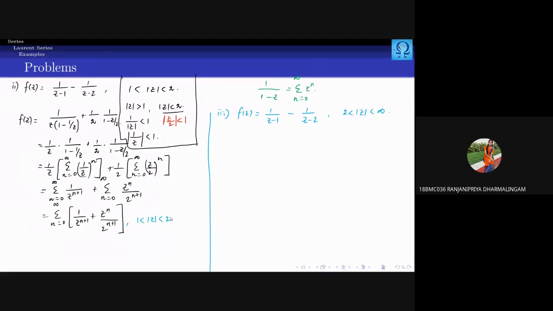Absolute of 1 upon z is less than 2. So that is absolute of z is bigger than 2, which means absolute of 1 upon z is smaller than 2. So in this case, what should we do?